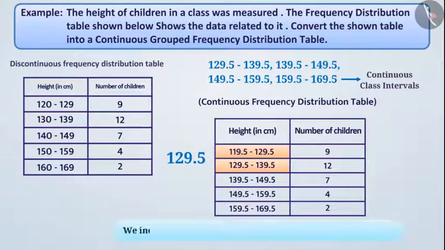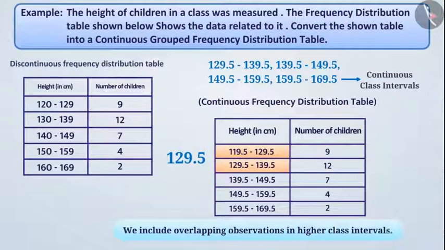And we include overlapping observations in higher class intervals. So the number 129.5 will be included in the class interval 129.5 to 139.5.